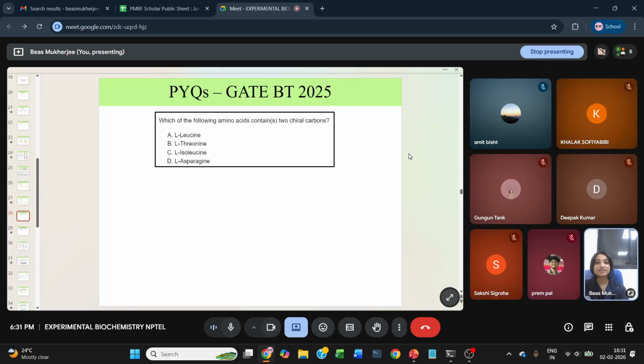Which one of these has two chiral carbons? So they are asking which of the following amino acids contain or contains. So that's an MSQ. It can be an MSQ, it can be an MCQ. So if you think one answer is correct, you can write that. If you think more than one answer is correct, you can write that. That is why these classes are so important.